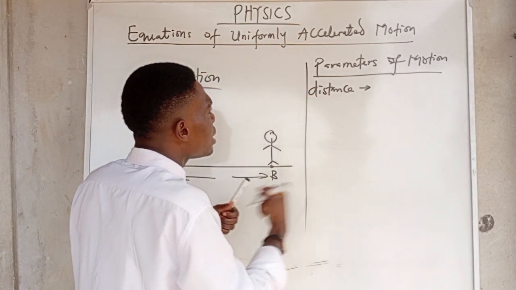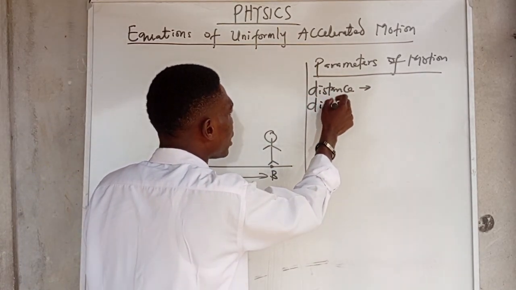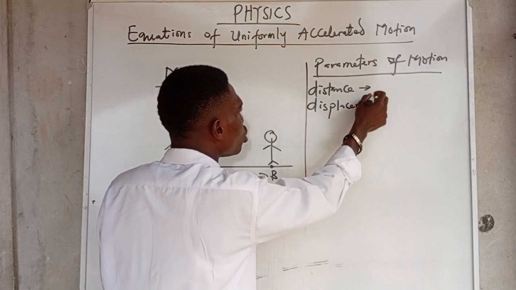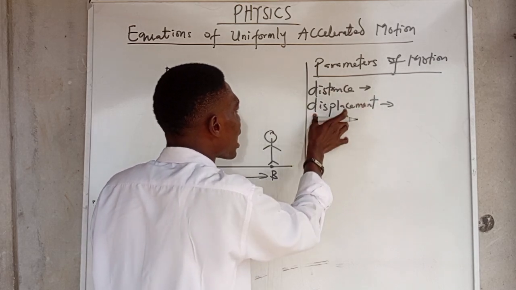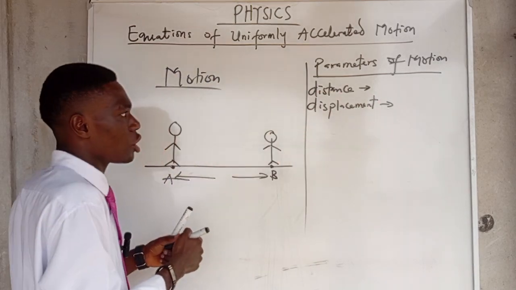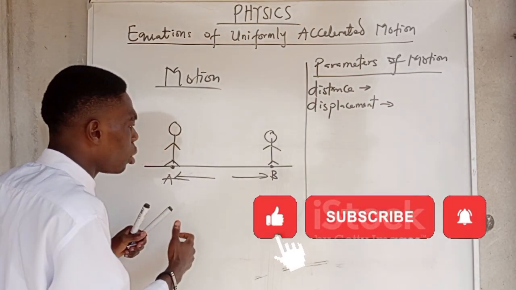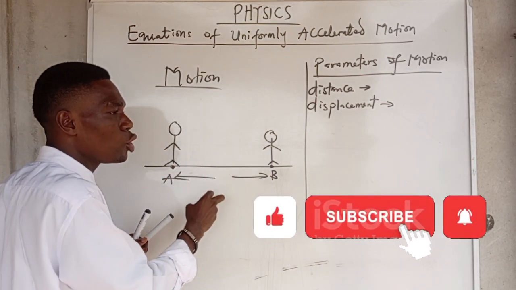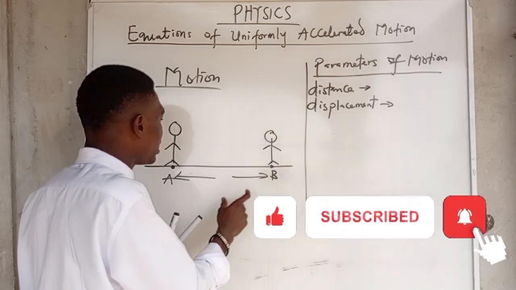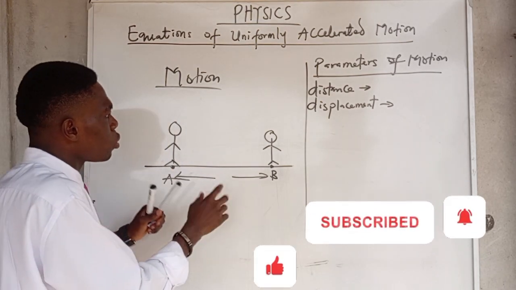Connected to distance is displacement. They are the same thing, it's just that displacement is distance traveled in a specified direction. Distance is the measure of the separation between 2 points.